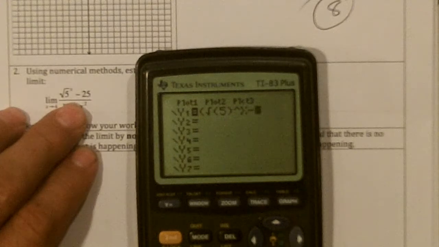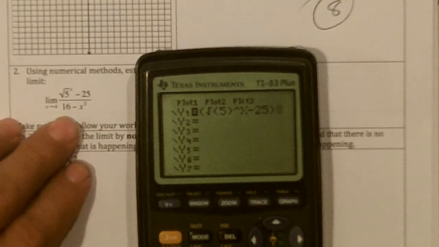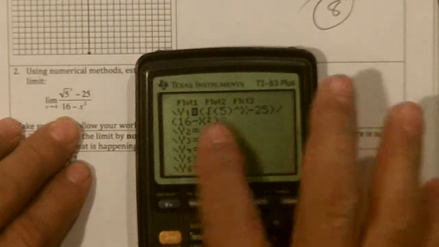Then I'm going to go subtract 25 and close parenthesis for the numerator. And then I'm going to push divide. And then I'm going to open the parenthesis for the denominator because I got to keep it together, and I'm going to write 16 minus x squared and close the denominator.